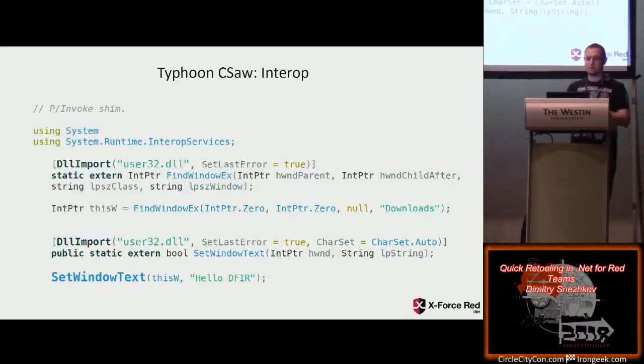Well, the way to use interop services is that we are creating an attribute, right, for, let's say we want to load user32.dll, we want to find the FindWindowX function, and we want to invoke something in it. Unfortunately, this is a compile time lock, right?